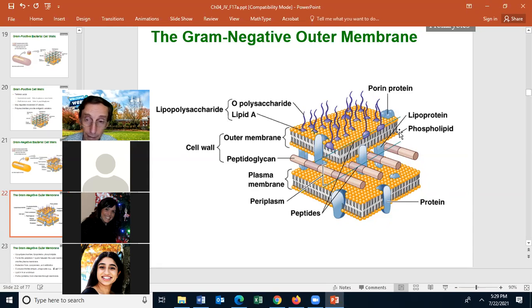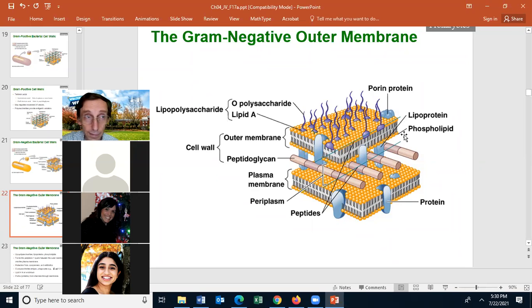So for example, any amino acid that the cell is going to want, or any sugar, it has to move through the porin protein channel to get through the outer membrane, because this lipid bilayer will prevent most molecules from crossing. Anything that's water soluble will not get through this lipid bilayer.